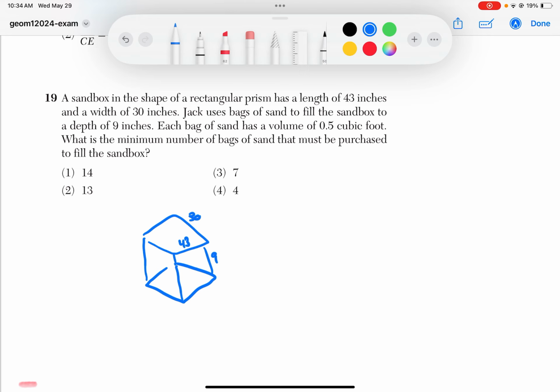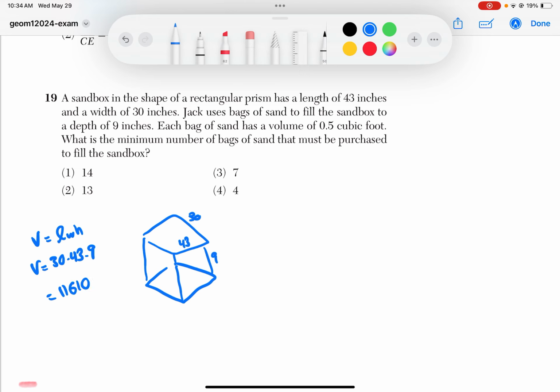Okay. So if I want the volume of this rectangle, we're looking at length times width times height. So we have 30 times 43 times 9, which is 11,610.